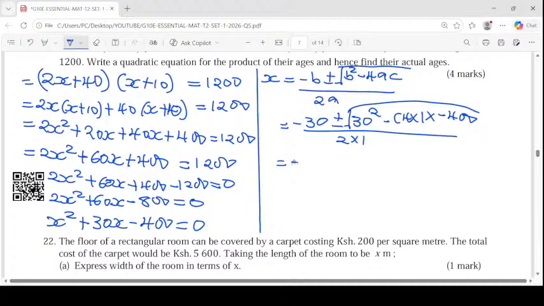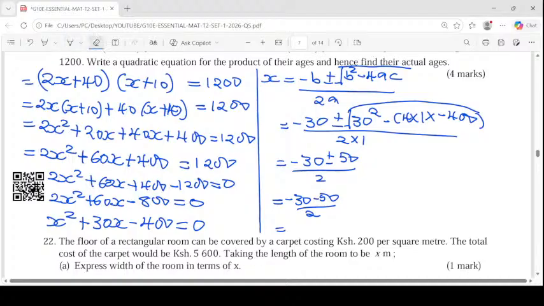So this becomes negative 30 plus or minus, let us see this, 900 minus negative 1600. That becomes 2500. The root of 2500 is 50. So this is plus or minus 50 over 2. The first case we are going to have is negative 30 minus 50 divided by 2.